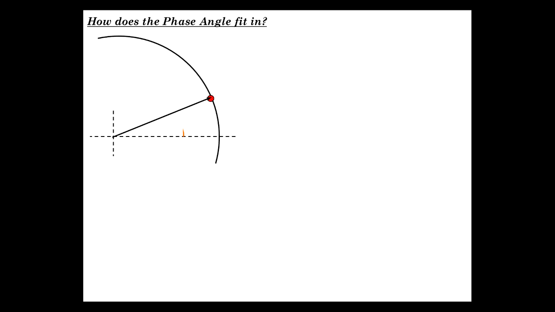A few comments are in order pertaining to something that we call the phase angle. And the phase angle really relates to the idea of the object in SHM starting at an arbitrary starting location, where it's actually gone through a certain phase angle phi.